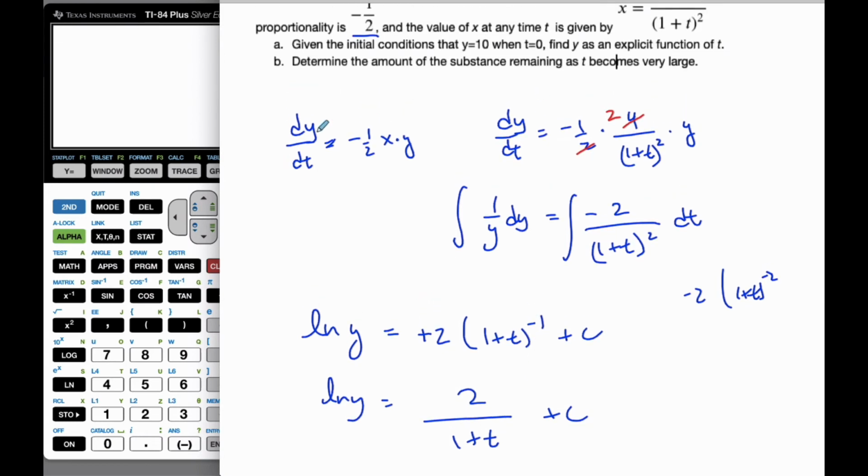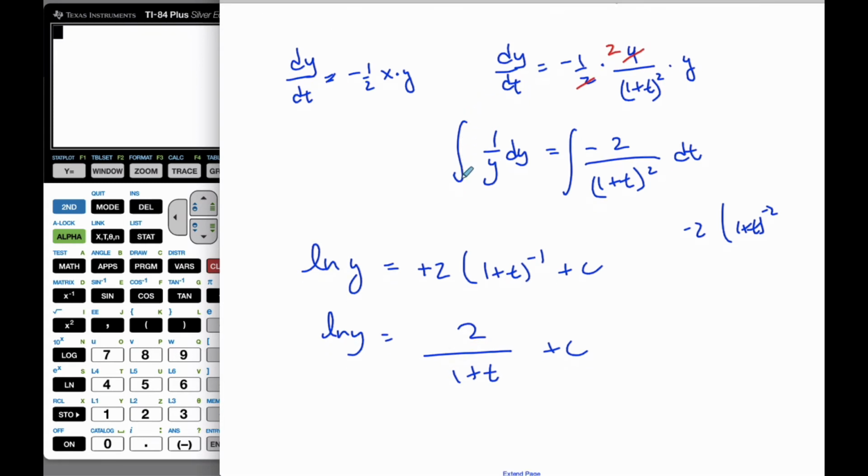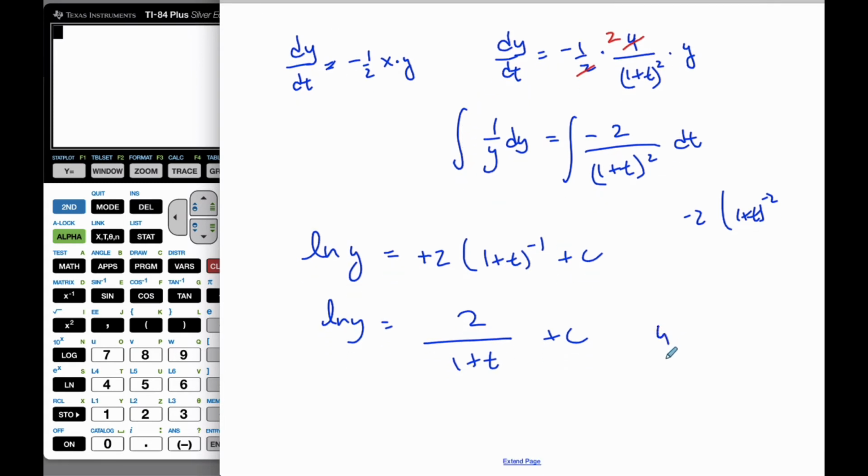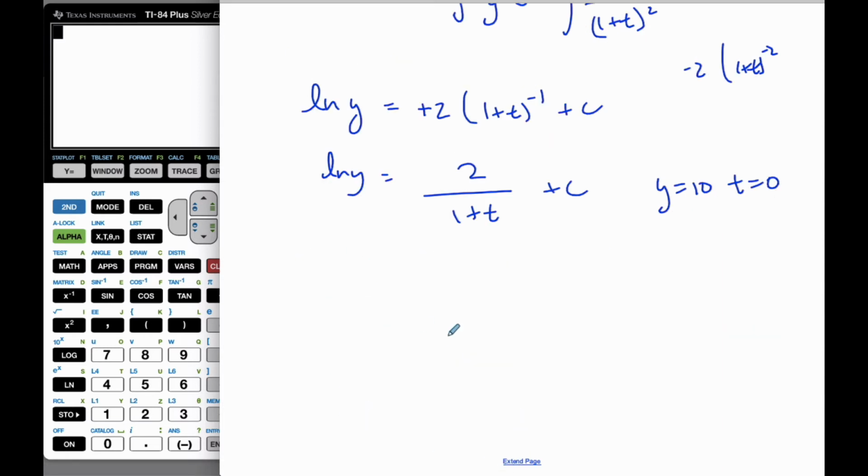All right. Given the initial condition that y is 10 when t is 0, I can find what y is. Let me solve for y first. Sometimes it's easier to plug the values in at this point, and sometimes it's easier to solve for y first. I'm going to solve for y first, which means I'm going to raise both sides to the power of e.